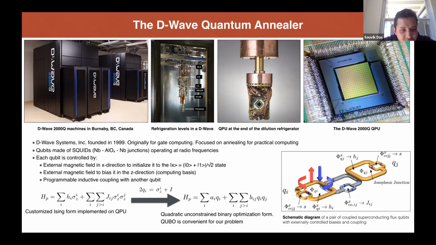So what are the quantum bits, the qubits, made out of? The qubits are made out of radio frequency Josephson junctions, also known as SQUIDs, made of niobium with an aluminum oxide junction, and they operate at radio frequency. I have a schematic diagram of 2 qubits on the bottom right.